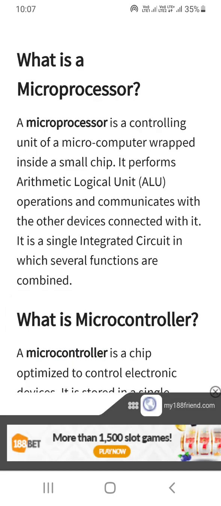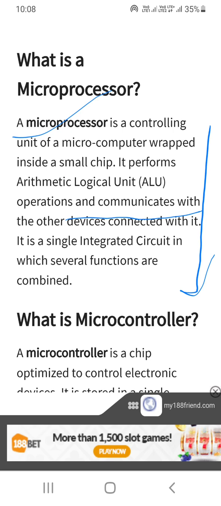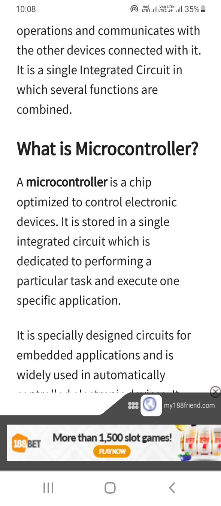What is a microprocessor? A microprocessor is the controlling unit of a microcomputer wrapped inside a small chip. It performs arithmetic and logical operations and communicates with the other devices connected to it. It is a single integrated circuit in which several functions are combined. What is a microcontroller? A microcontroller is a chip that controls an electronic device.